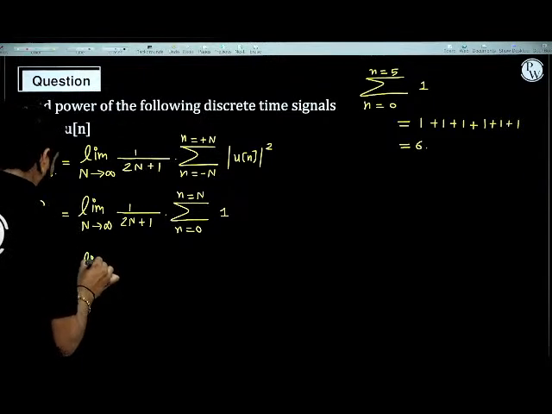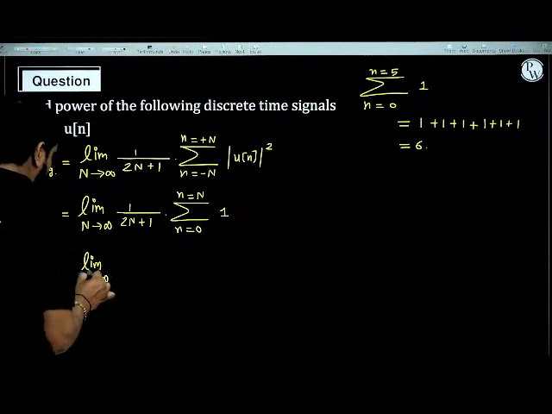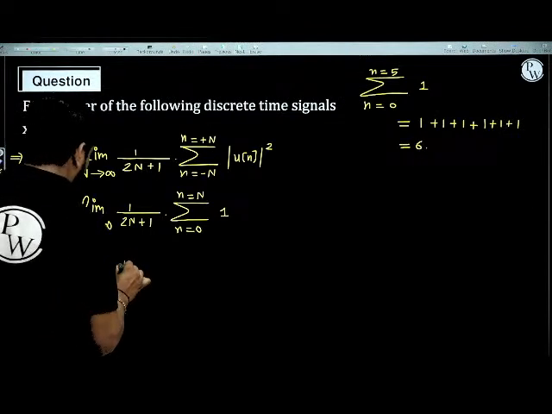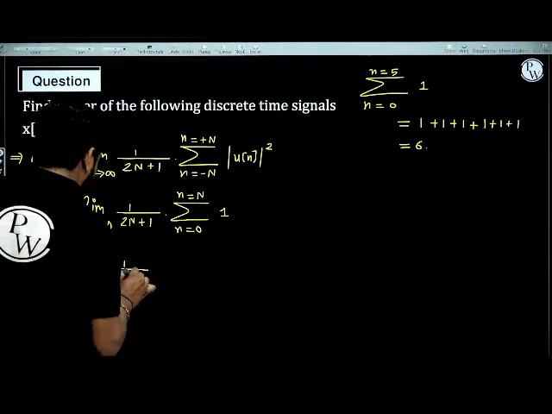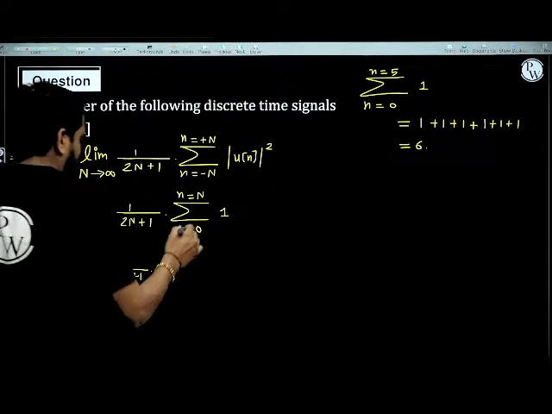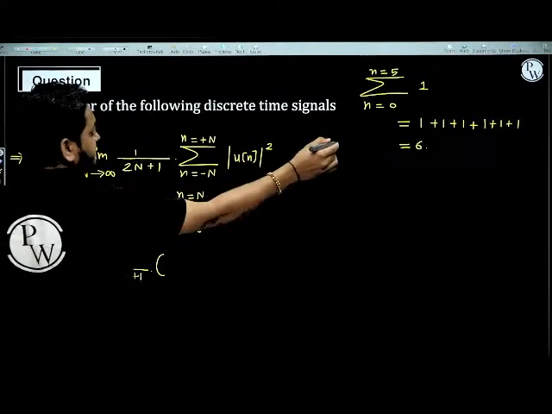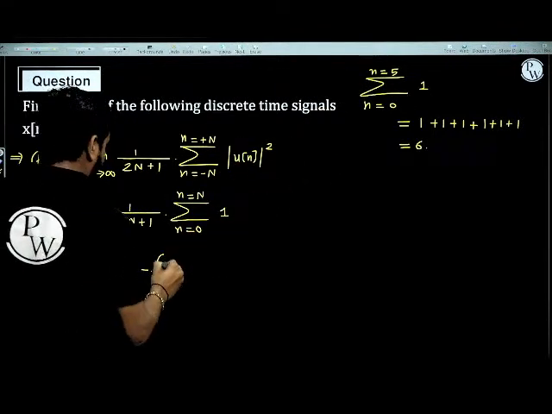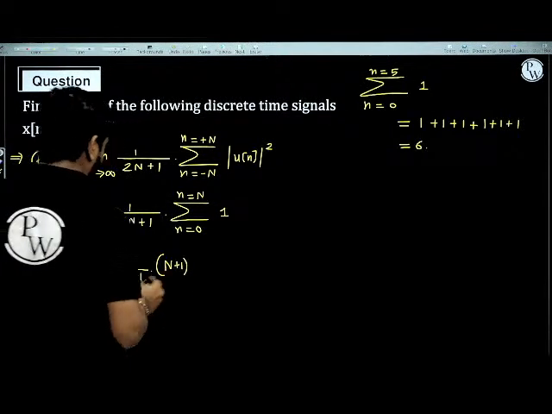So the average power is limit N tends to infinity of 1 upon 2N plus 1, and here the sum from 0 to N is N plus 1, just as 5 plus 1 is 6. Now apply the limit.